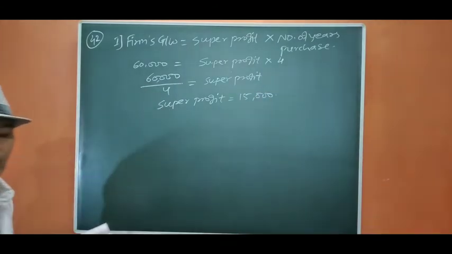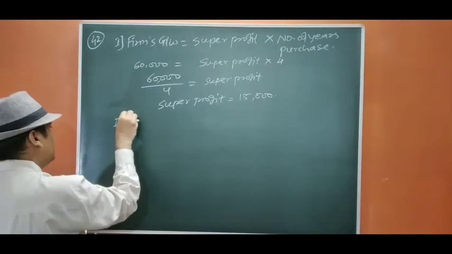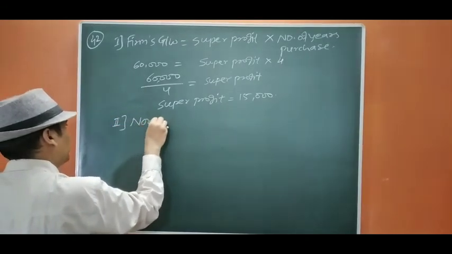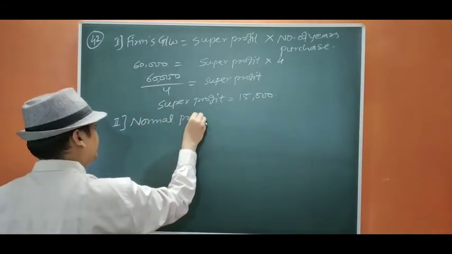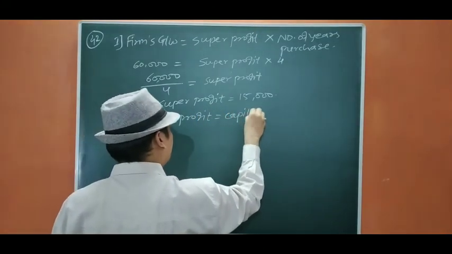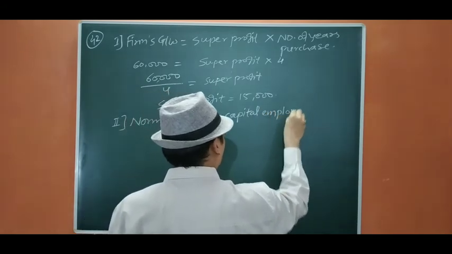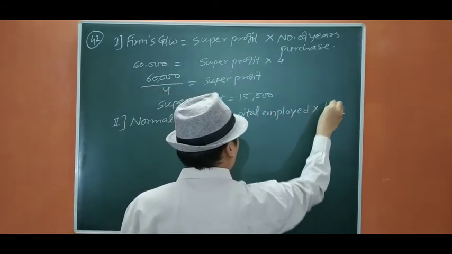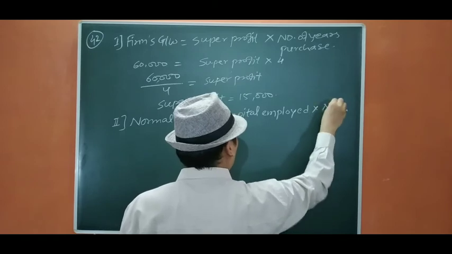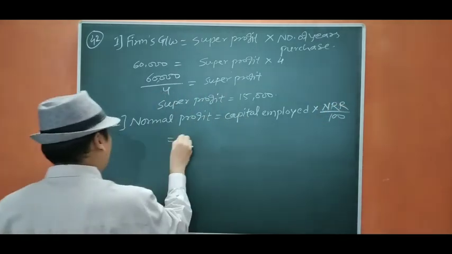Okay. Now we are going to calculate normal profit from second. Normal profit equals to capital employed into rate upon 100. Okay. So let's find out the capital employed.